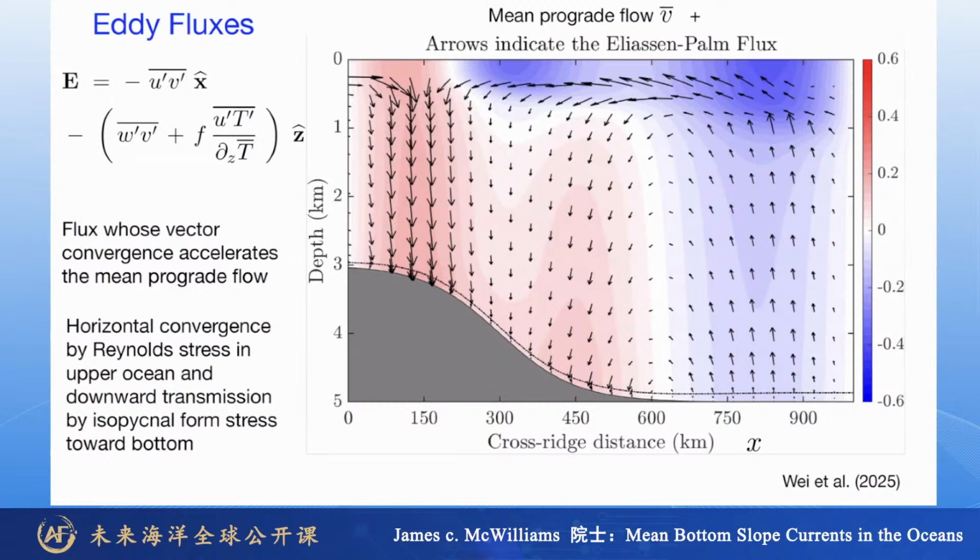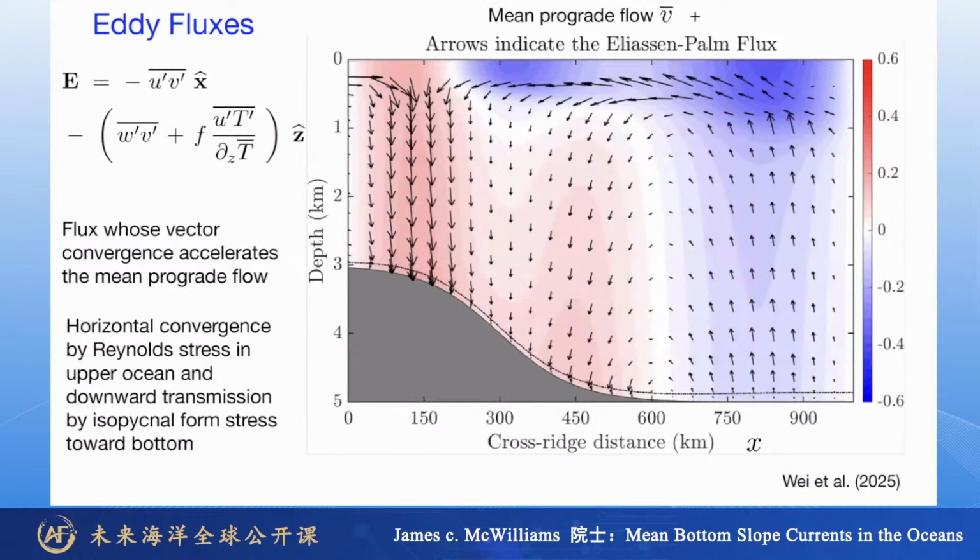temperature gradient times f. And to the extent that Reynolds stress is a common term, then the sort of geostrophic turbulence theory name for this second term, which is the dominant term in the vertical component, is isopycnal form stress.